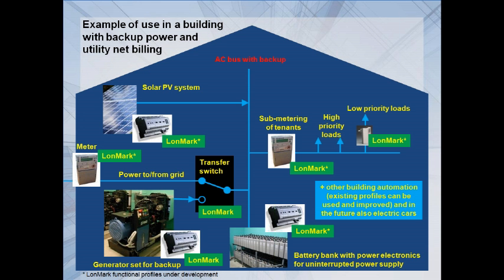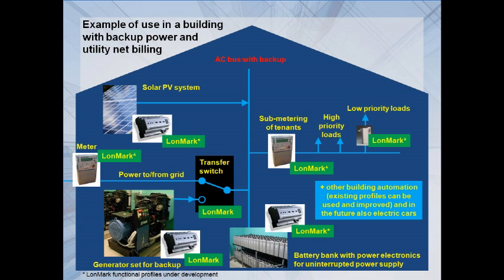Here is an example of a system similar in many ways to what you saw before, but here it is a building with backup power and utility net billing. So again, we have the supply side on the left-hand side. But in this case, the system is connected to a central or national grid.